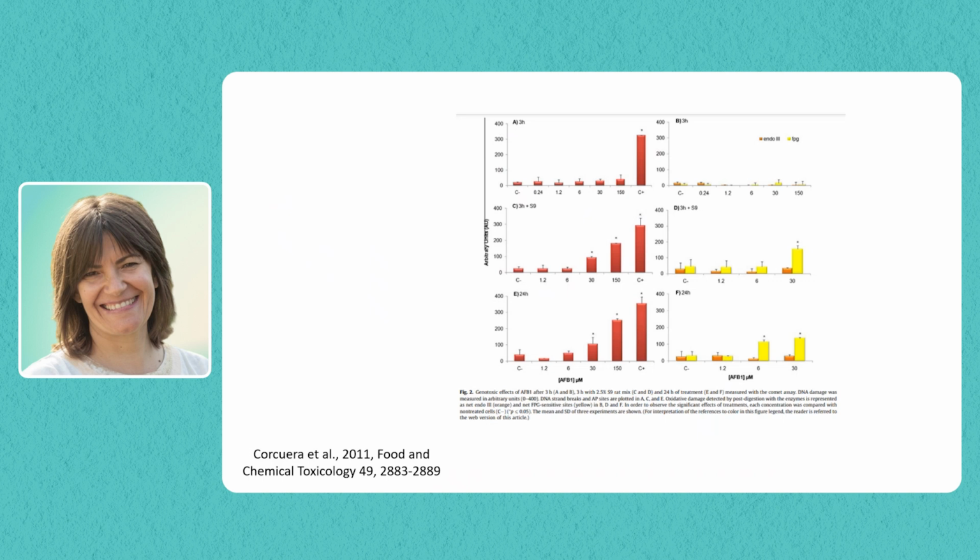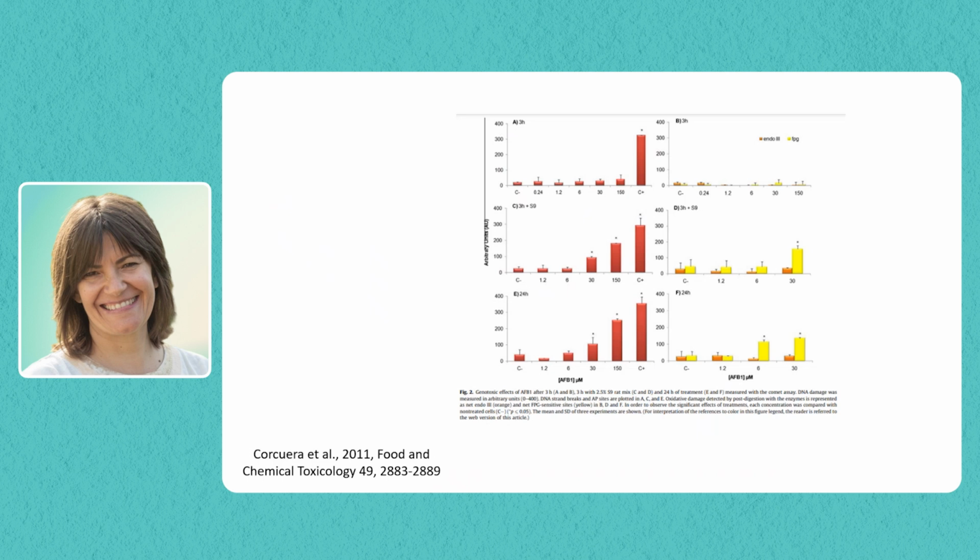Here the cells are treated with aflatoxin B1. You can see there are no breaks, nothing. I used the Comet Assay in combination with enzymes, and we don't have any oxidized lesions.